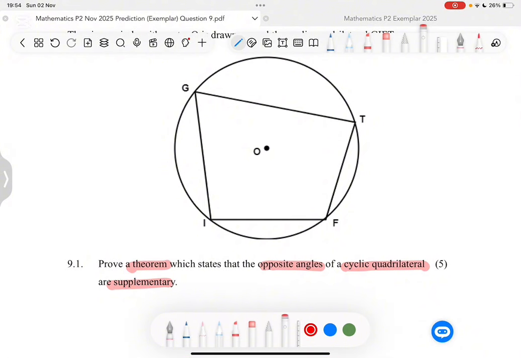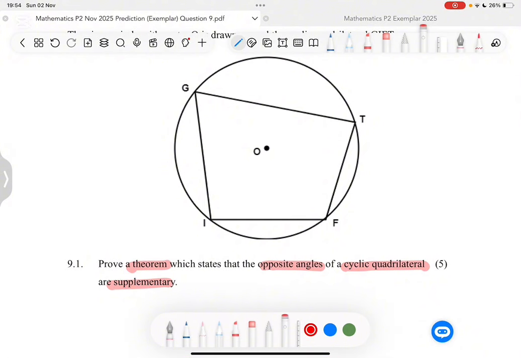And if that happens, we also know that the same chord will subtend an angle on the other side of the circumference, which is angle F. And the same will be true. Those two angles will have a relationship such that the angle at center, meaning O2, will be equal to twice the angle at circumference. And the reason is still the same here: the angle at center is equal to twice the angle at circumference.